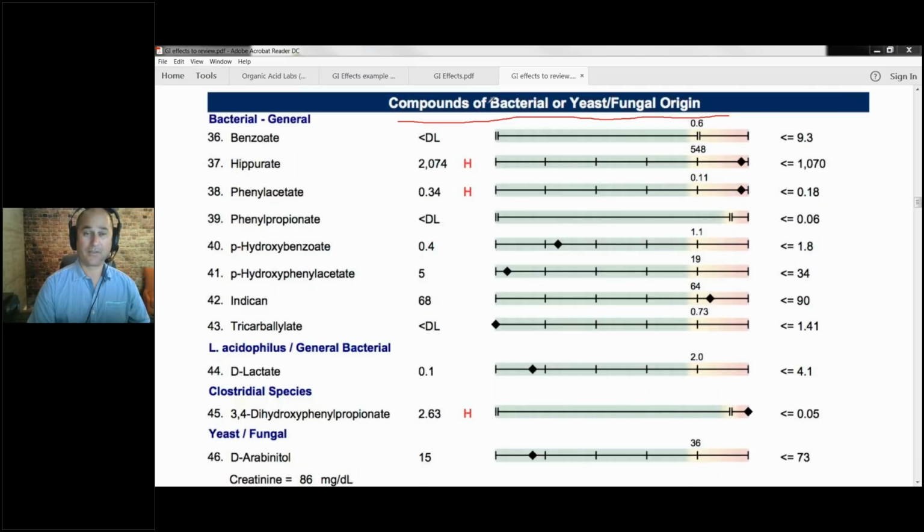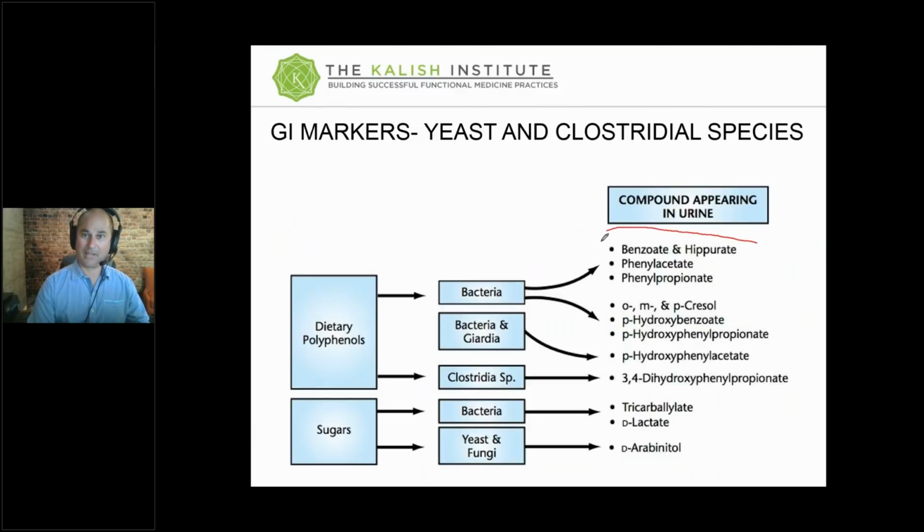No. It really should say compounds of commensal bacteria. They could have put the commensal word right in there. Then maybe we wouldn't all be so confused. So this is clearly a bacterial marker section, and we just verified that by looking at the details on what this all means, right? That the benzoate and hippurate are a result of bacteria feeding on polyphenols.